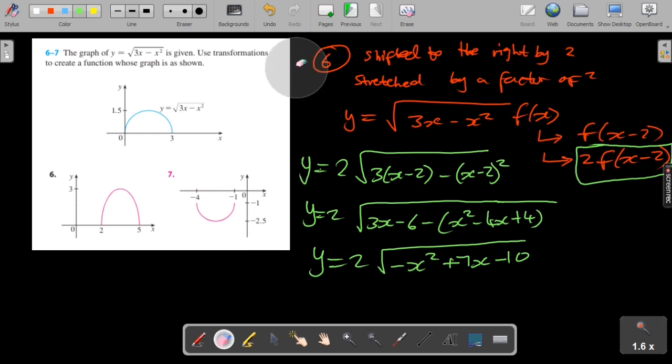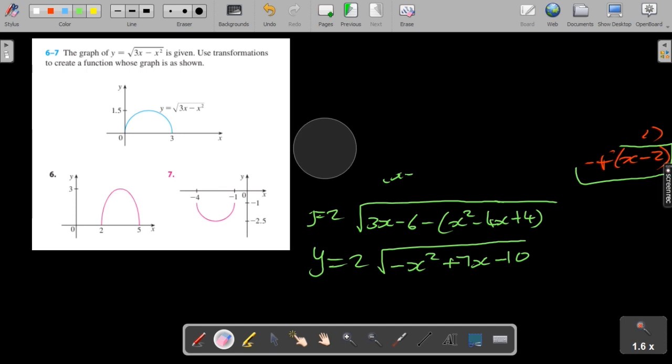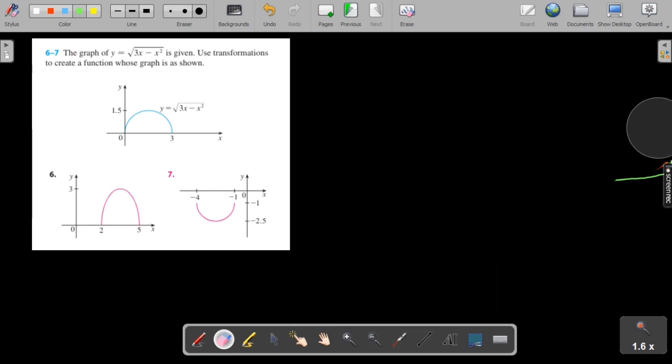Moving on to 7. Now let's figure out what happened for us to get 7. So obviously it was flipped around, or it was reflected about the x-axis. So if you reflect that about the x-axis, then it will look like this. But as you can see, this is not exactly below the original, so it was shifted to the left.